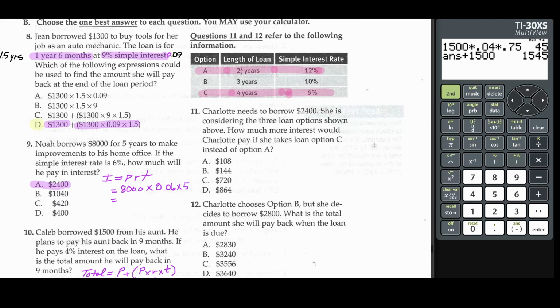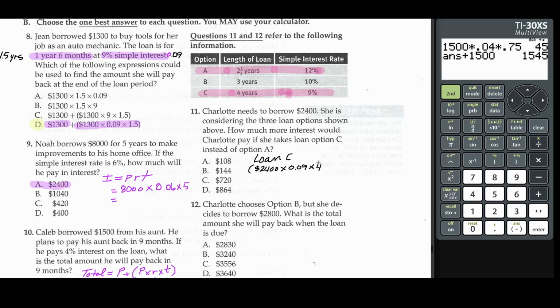Okay? And then we will subtract loan option C minus loan option A. So option C, we still need to do the principal is $2,400. Multiply that by, you see, C, that's 9%, which is 0.09, and multiply that by 4.